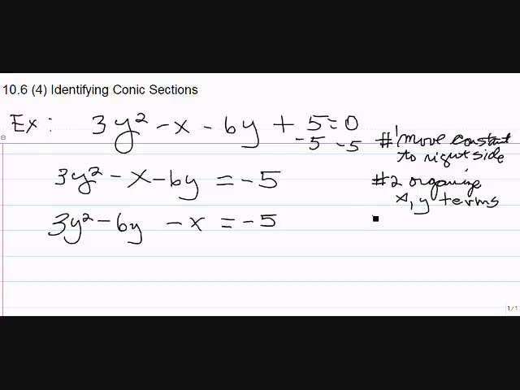Step number 3. Everything I'm doing is trying to get me to this point where I have to do completing the square. Step number 3, if I have a coefficient on my squared term, I need to factor it out.